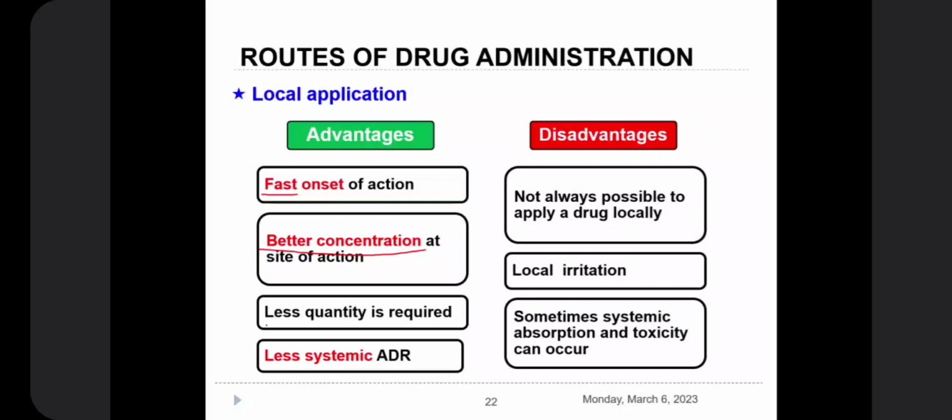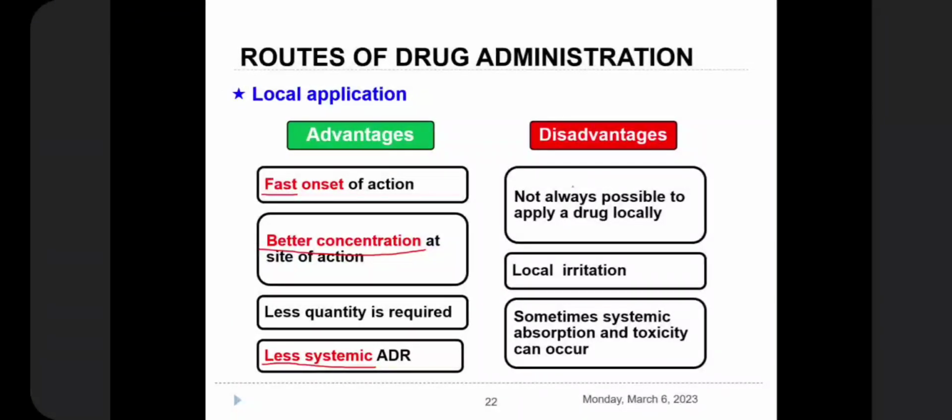The next advantage is that a smaller quantity is required. Just a little is enough. And the last one is fewer systemic adverse drug reactions. Because most of the drug cannot come into the circulation, it will cause minimal systemic ADR. This is about the advantages.